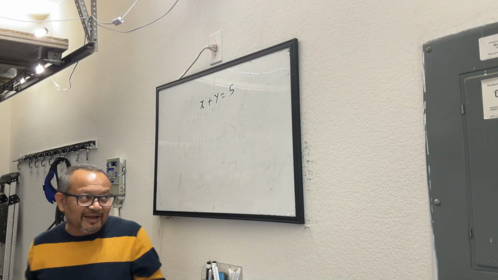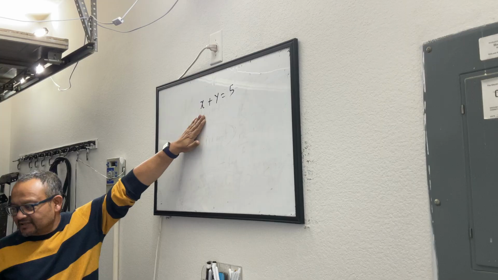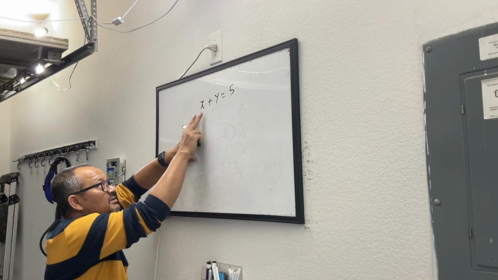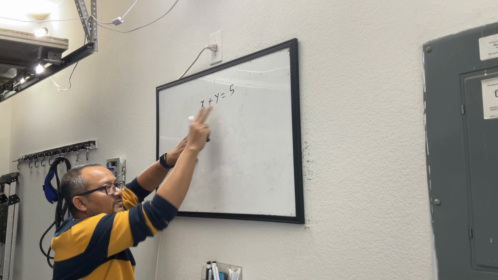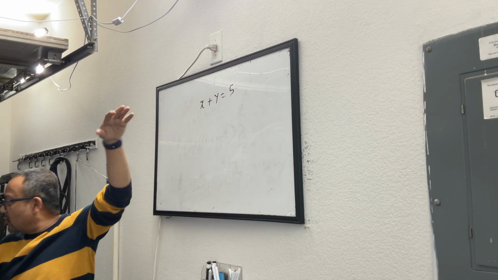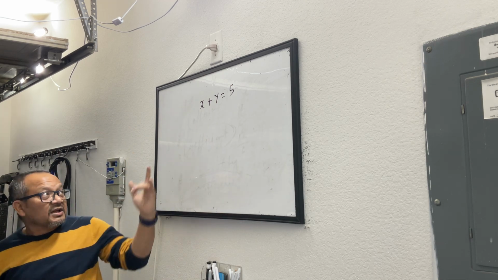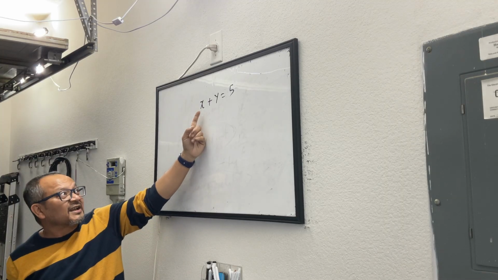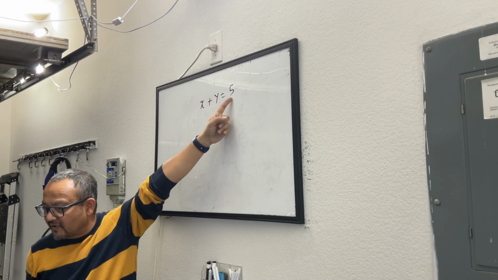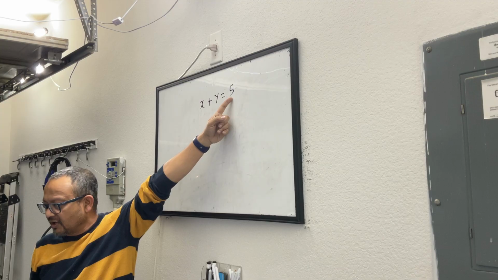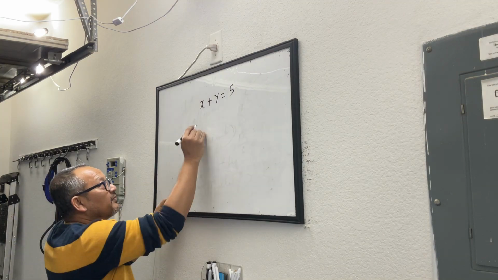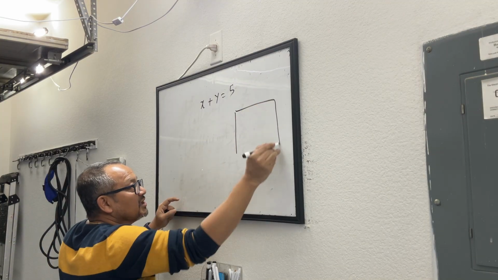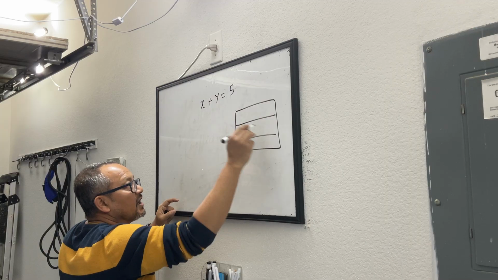Okay, so coming back to this one, this is an equation where I have two variables, x and y. Now what it means is these two variables have an agreement, meaning the value of x and the value of y together will make 5. So let's look at some combinations of x and y.